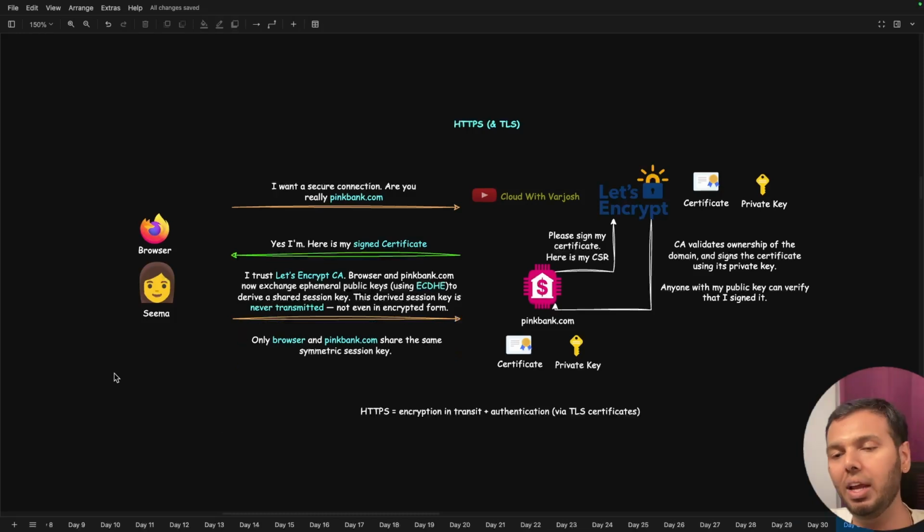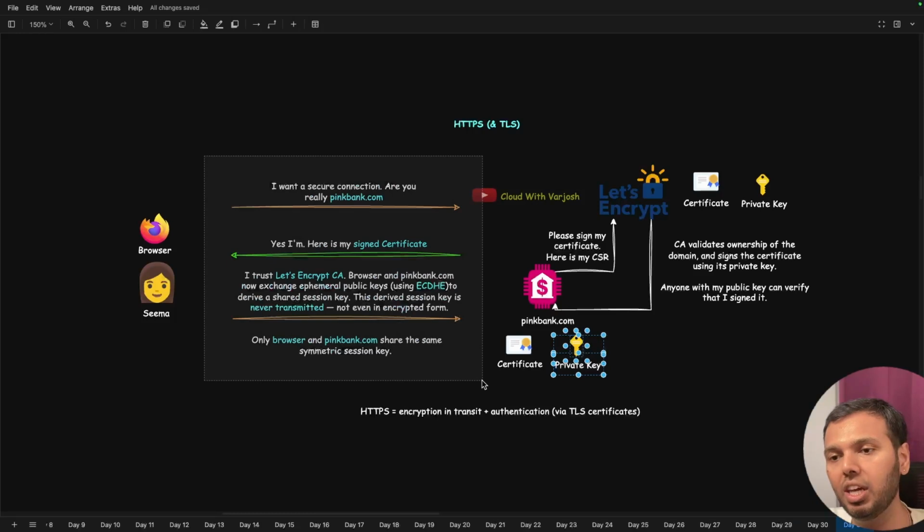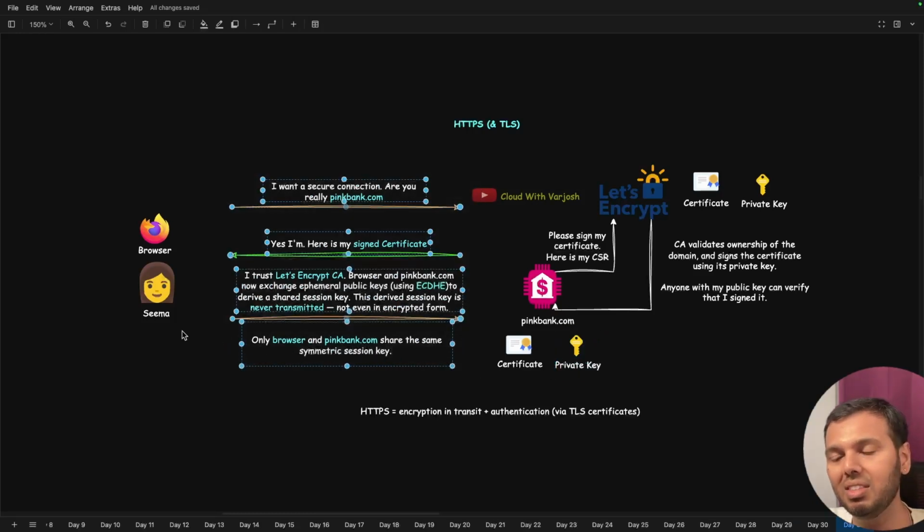Everything now can be encrypted using this session key. Now, even if the private key of pinkbank.com gets leaked, there is no problem. Firstly, it should not get leaked, but in case it does, then also no one can decrypt the communication that is happening between Seema and pinkbank.com.